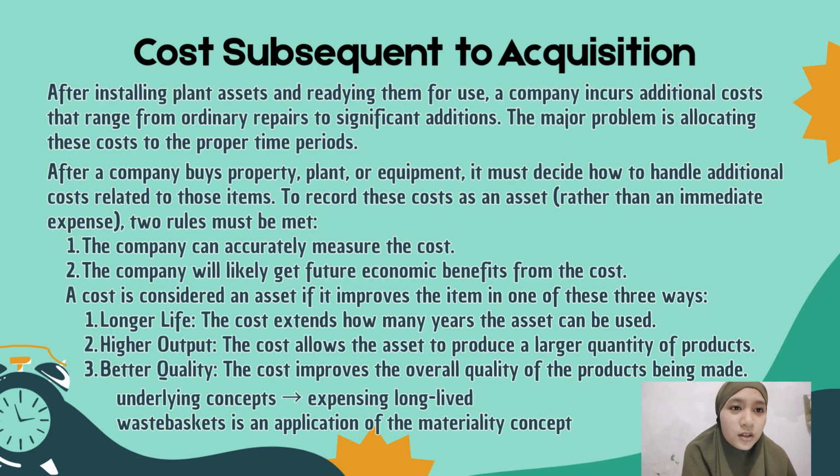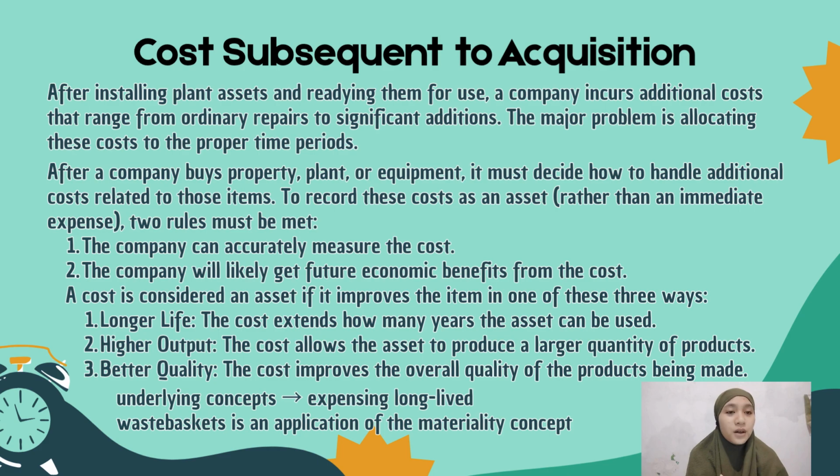Now I'm going to explain about costs subsequent to acquisition. After installing plant assets and readying them for use, a company incurs additional costs that range from ordinary repairs to significant additions. The major problem is allocating this cost to proper time periods.